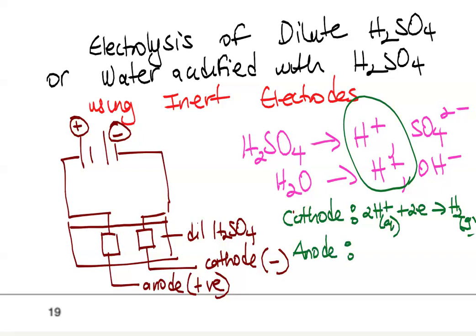Sulfate is too high up. Is sulfate too stable, everybody? Yes, so it's high up in the series. It does not want to get discharged. And plus, the hydroxide is high in concentration. Sulfate will never be discharged. 4OH minus forms 2H2O and O2 gas. All good?